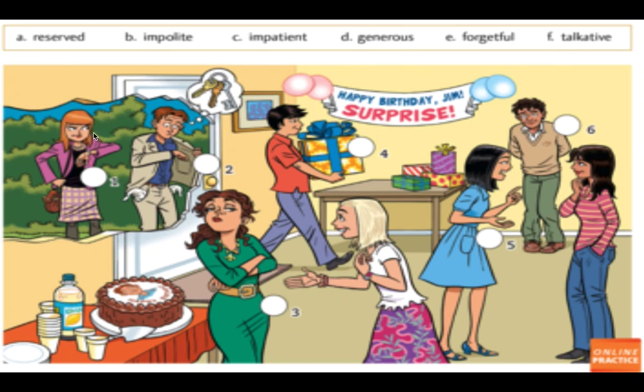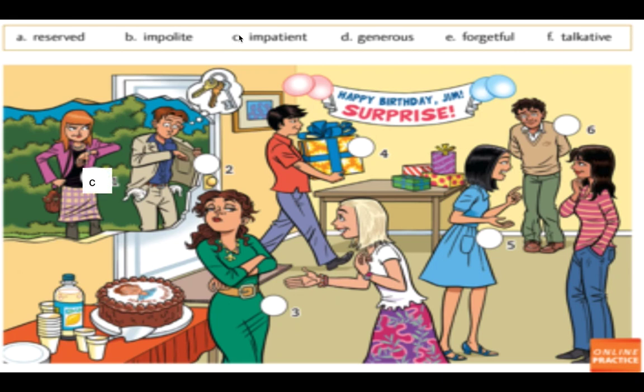She looks very angry because of the time. What kind of person is she? Is she reserved? Is she impolite, impatient, generous, forgetful, or talkative? So in this picture, this woman is very impatient.